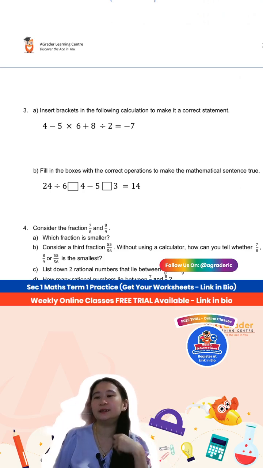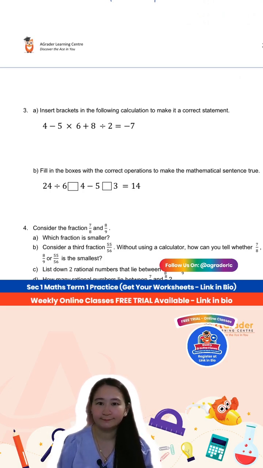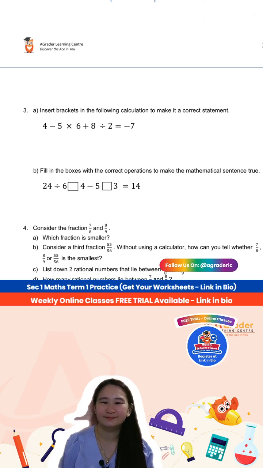Okay, try to insert the brackets in the following calculation. Anyone want to give a try? Where should the bracket be at? So the equation on our left hand side, how should we deal with it such that we will get negative 7?